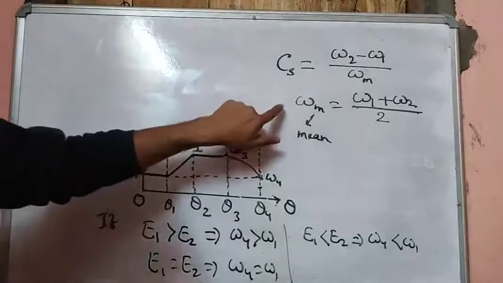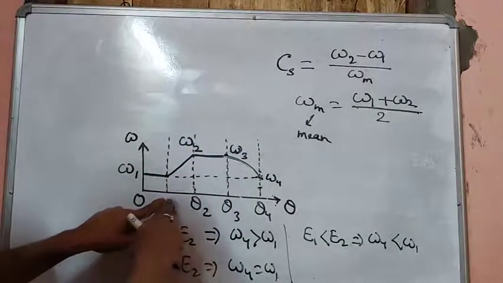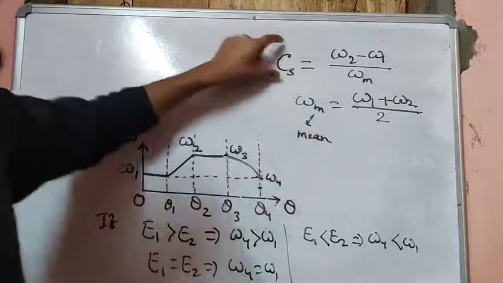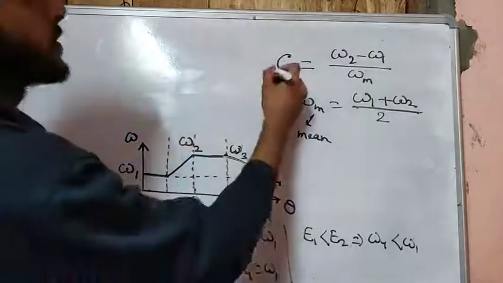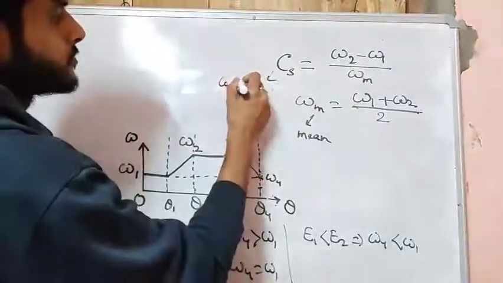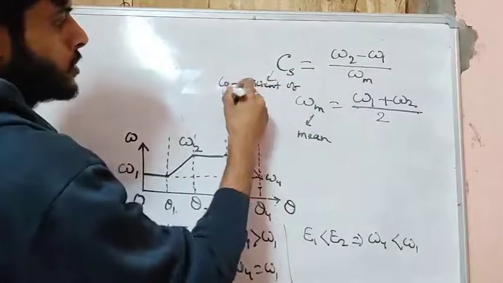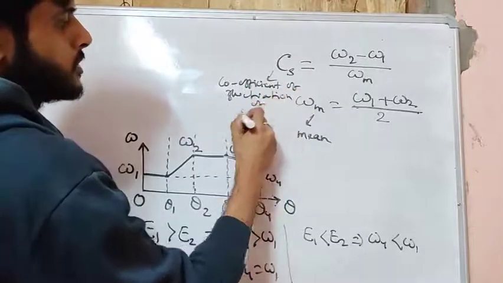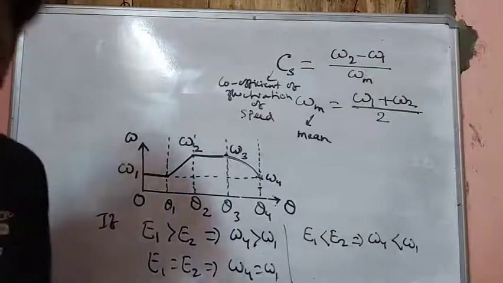So the average angular velocity during this stroke, as the flywheel rotates from theta 1 to theta 2, is this, and this CS is what we call the coefficient of fluctuation of speed.